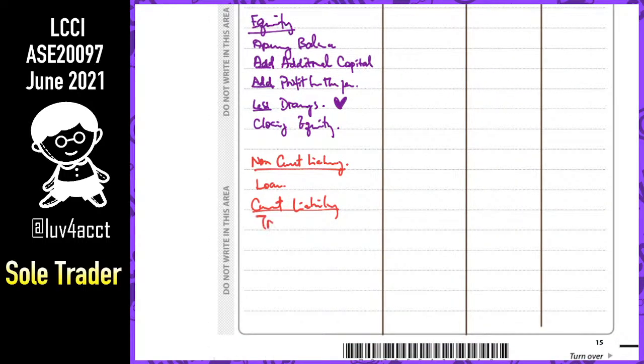You have trade payables and also a bank overdraft. Total equity and liability.